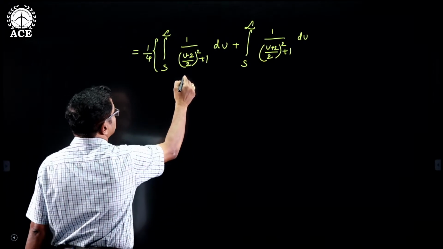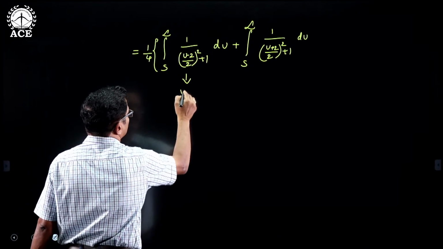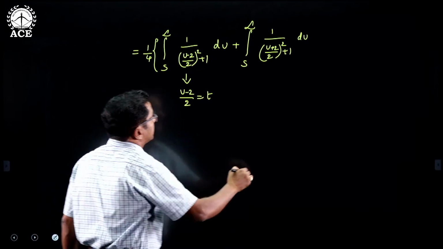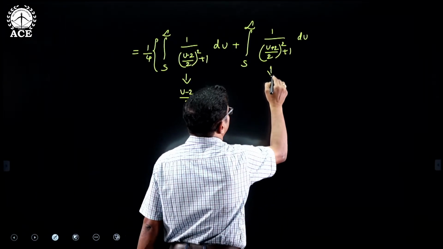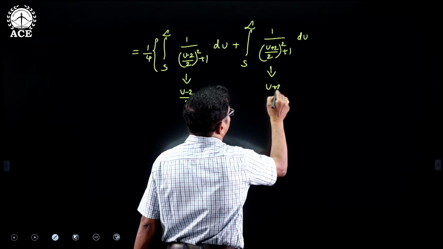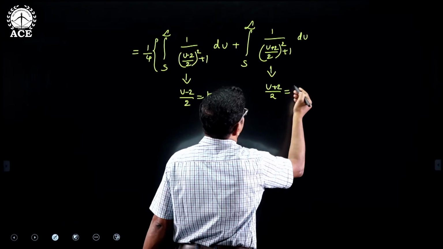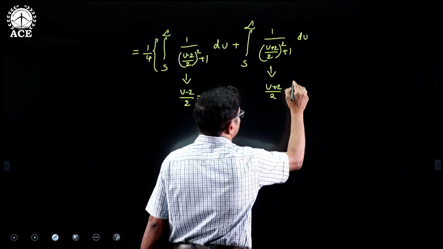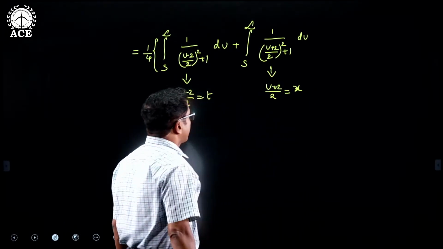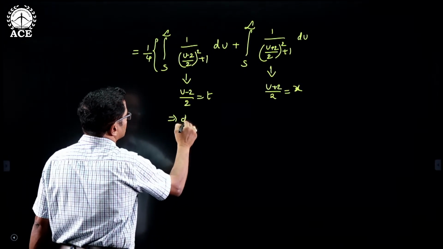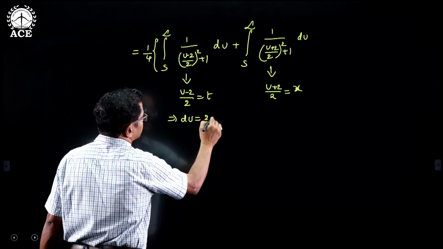In this case, I will take (u minus 2) by 2 equal to t. In this case, I will take (u plus 2) by 2 equal to some s, or another variable, x, you take x. So from this, du equals 2 dt.